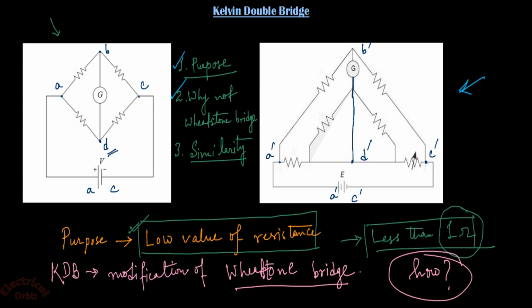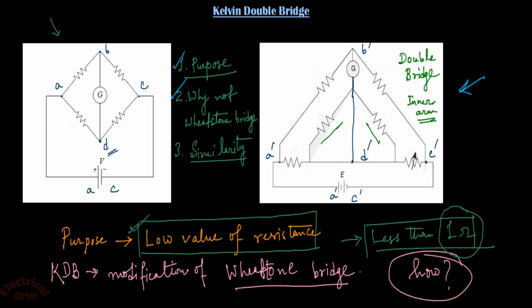So what is the difference here? The difference is that an additional resistance, this and this, is connected in the Kelvin double bridge. That's why it is called a double bridge, because it has another inner arm along with the Wheatstone bridge.